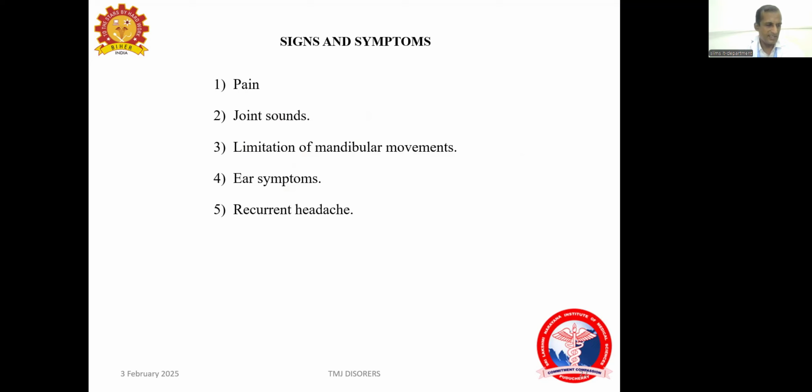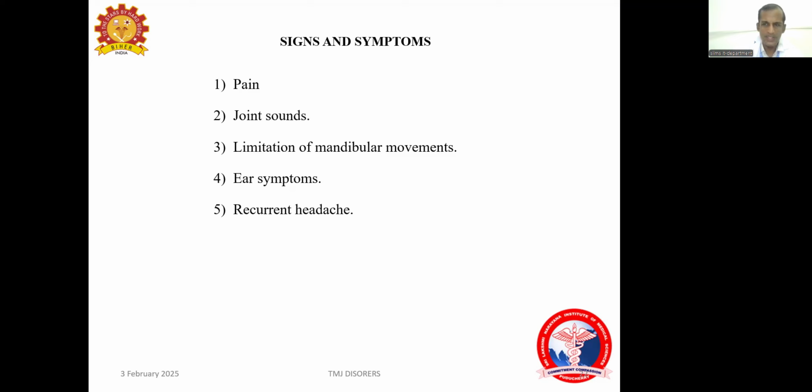And regarding the signs and symptoms, it can vary from pain to abnormal joint sounds. These can be crepitus or clicking, which can very well be auscultated with your stethoscope also. Abnormal joint sounds. Restricted mouth opening, that is the limitation of mandibular movements.